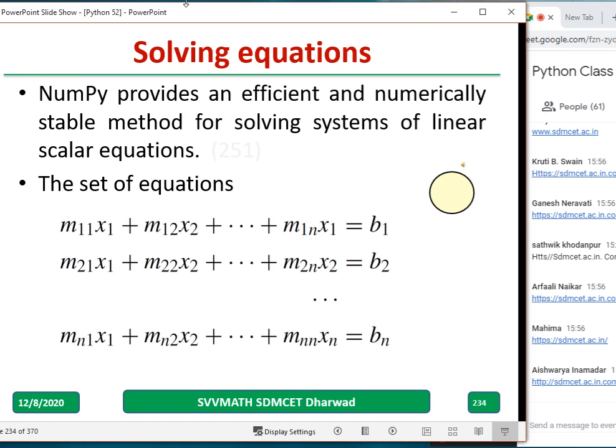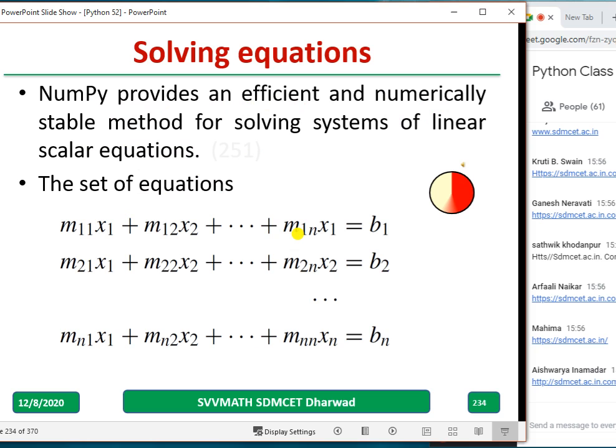Solving the equations. All of you know, I think in your third sum, first sum, you might have studied sets of equations. NumPy provides an efficient and numerically stable method for solving systems of linear scalar equations. Just copy down 1 or 2 lines, and this set of equations and which function is available in Python, how it solves, those we are going to see with a small example.